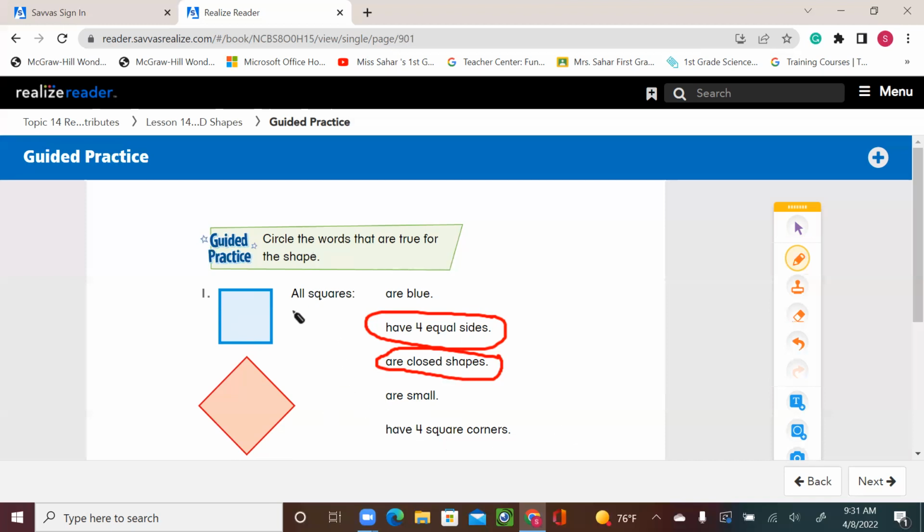All squares have 4 square corners. Yes. So we can circle this one too. All right. Easy. So I'll leave you with the rest of the activity in your book, page 563 and 564.